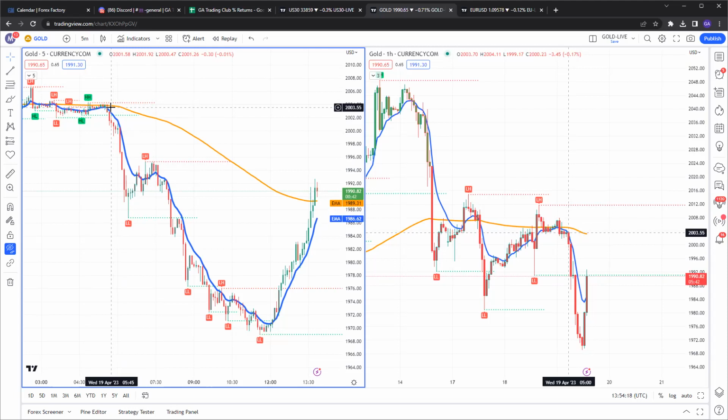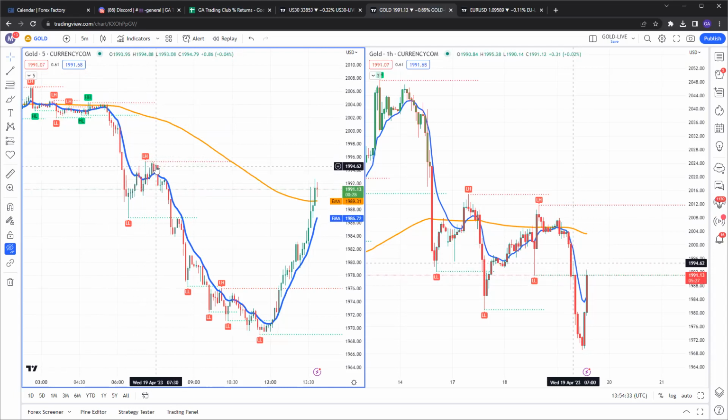If you look at where price was last above the 9 EMA consistently, price was around 2003. Then price came back down and closed above the 9 EMA consistently for 2 5-minute candles around 1995. So this is an 80 pip zone. Is 80 pips really a trend on gold, really?